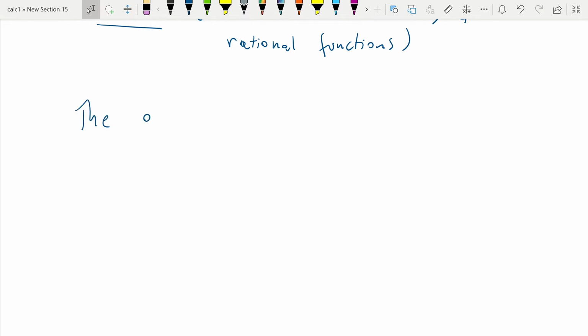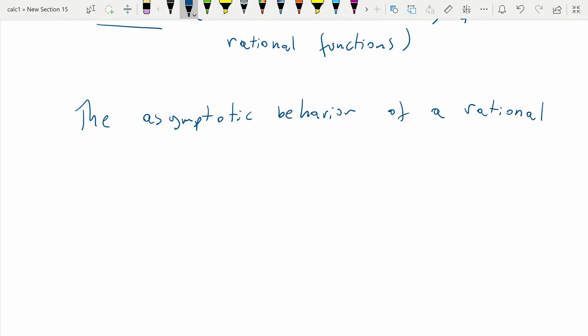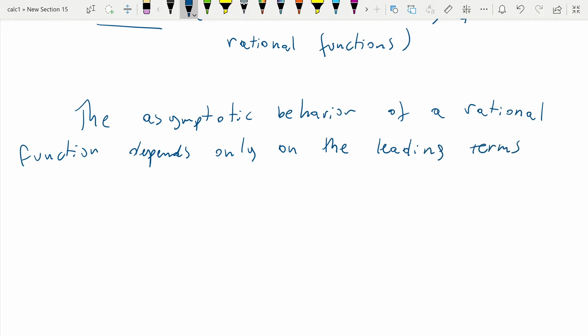So the asymptotic behavior of a rational function depends only on the leading terms of its numerator and denominator.